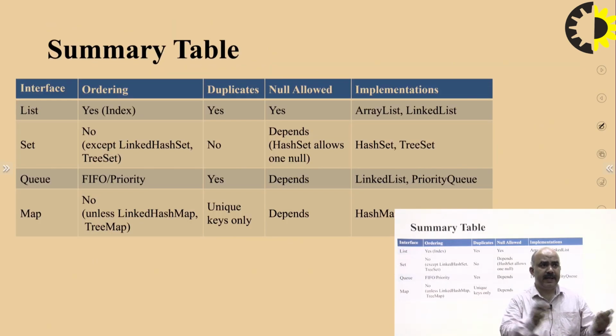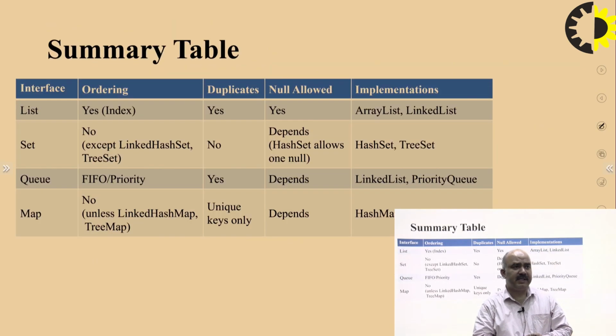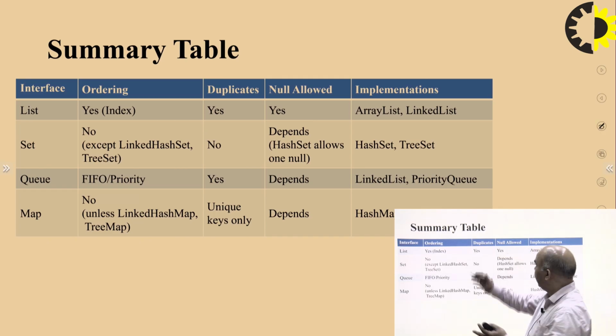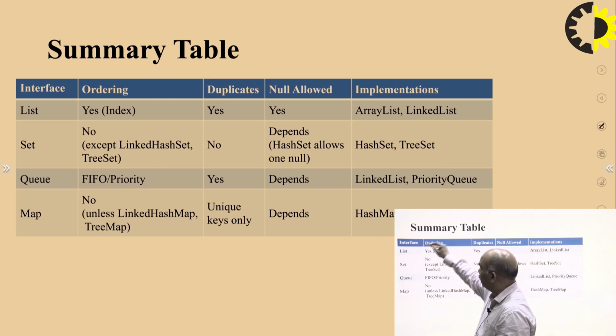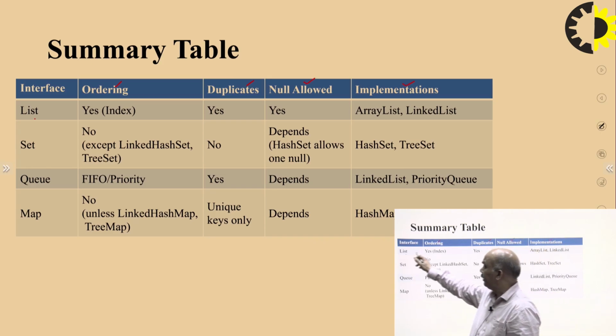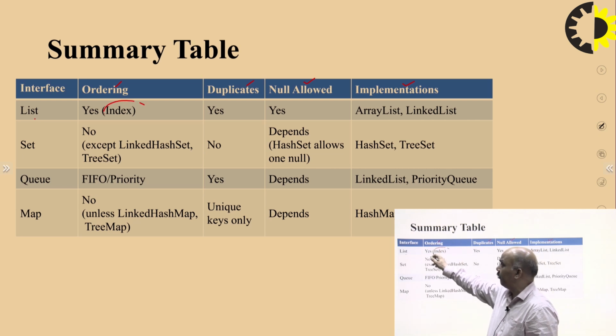So, this is the summary table where we have the interfaces like List, Set and Queue, which we further categorize by ordering, whether duplicates are allowed, null values, and implementations. In the List, ordering is done in the form of indexing.